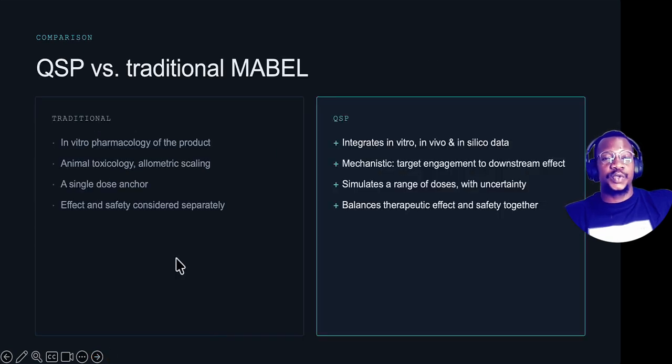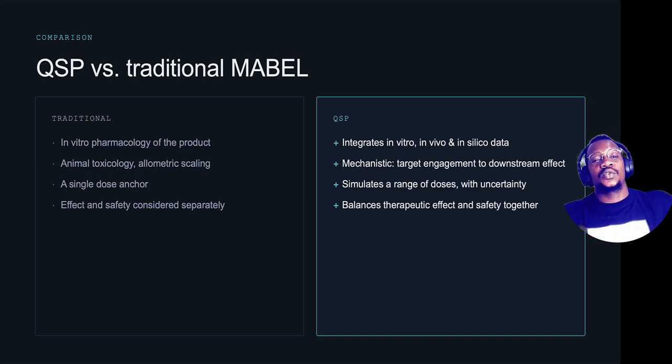So we have looked at QSP versus traditional MABEL methods, rather, where on the traditional methods you have in vitro pharmacology of the product, you have animal toxicology and allometric scaling.